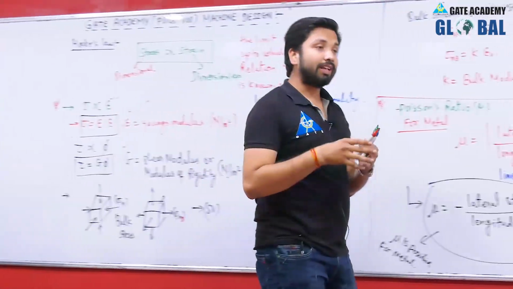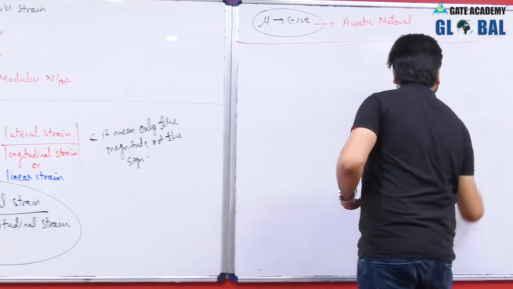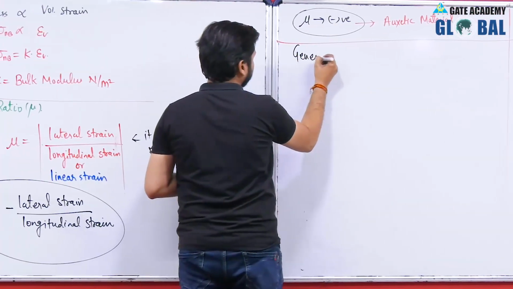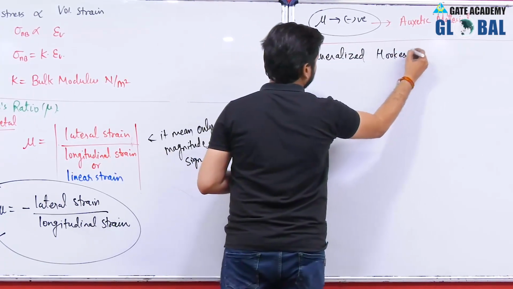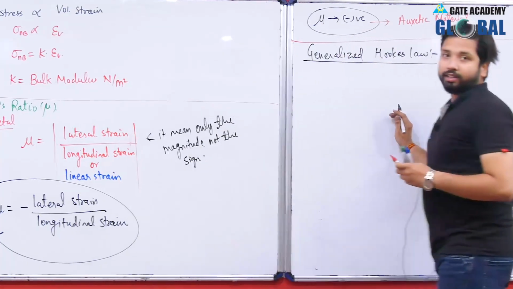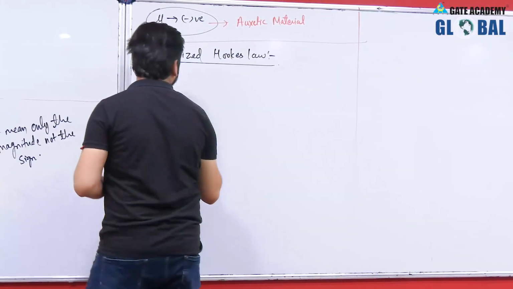Now, if the loading is along three directions, then we will be using the generalized Hooke's law. And this equation will be very useful for the theory of failures. You will see the use of this equation in the theory of failures as well.